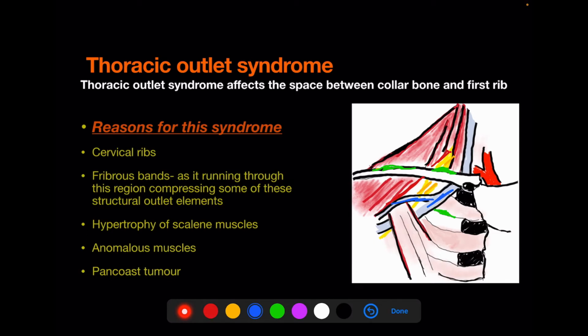It can compress the elements passing through here and cause this syndrome.